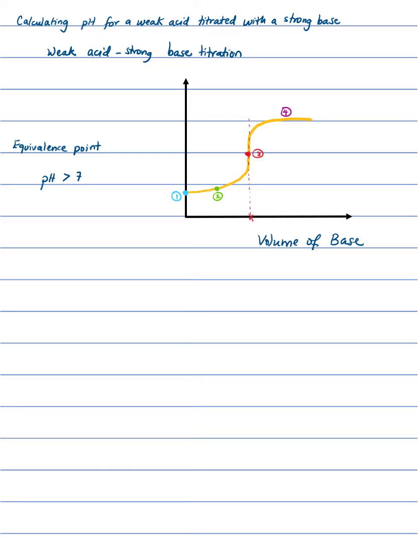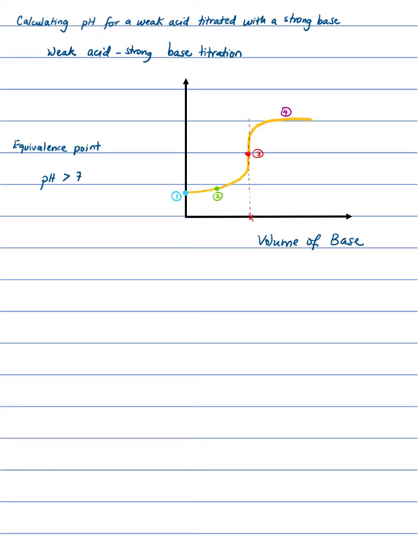That's the equivalence point. That volume divided by 2 will tell you the volume that you need to neutralize half of the amount of acid present in your solution, which is your halfway the equivalence point. So that number 2 is where we're calculating the pH at halfway the equivalence point.